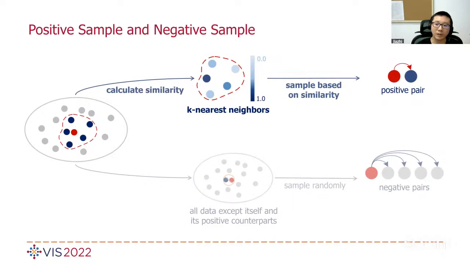Compared to taking all k-nearest neighbors as a constraint of embeddings, our method has a lower possibility of including false neighbors. And for the negative pairs, all data except itself and its positive counterparts are considered as negatives. We randomly sample several of them.